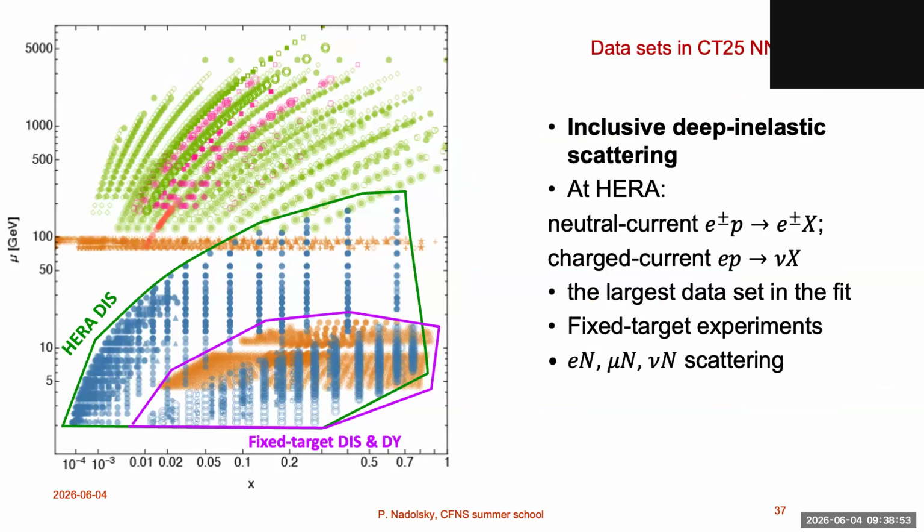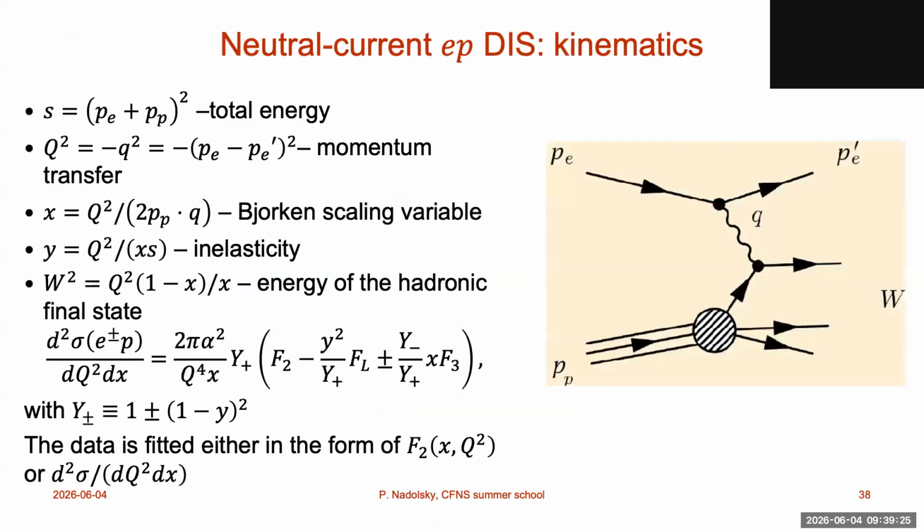One is the fixed target DIS experiments, which typically probe large momentum fractions and low resolution scales. Everything is plotted here as a function of x and mu. Then there is a much wider range covered by deep inelastic scattering at HERA, which probes the PDFs all the way down to x of 10 to the negative 5.